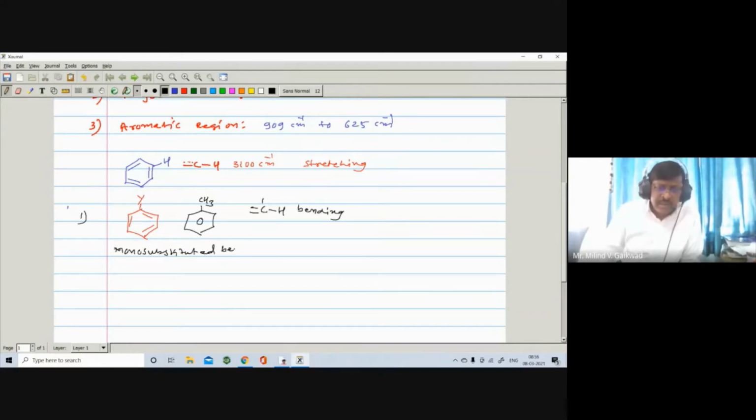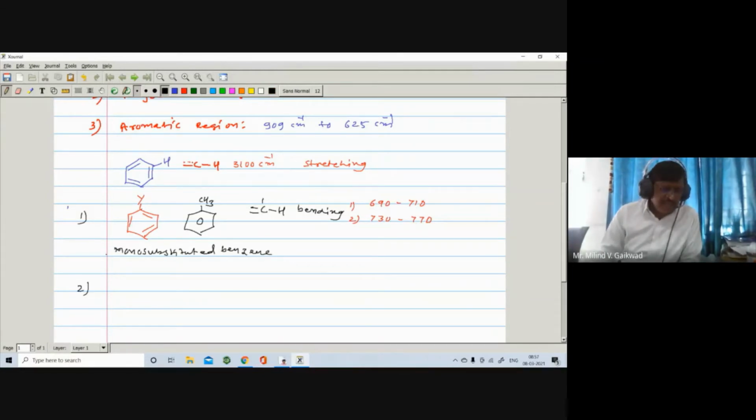Due to C-H bending, you have important bands between 690 to 710, then 730 to 770. So you have two bands in this region. Getting signals in these two regions, you may say that it is a monosubstituted benzene.